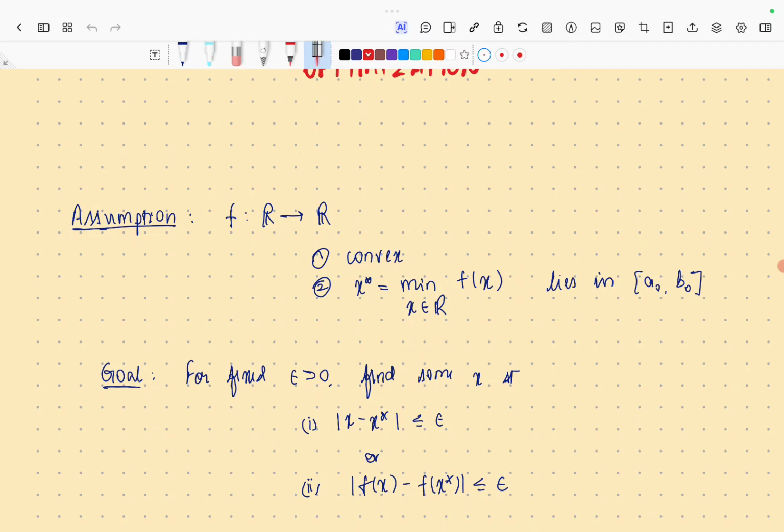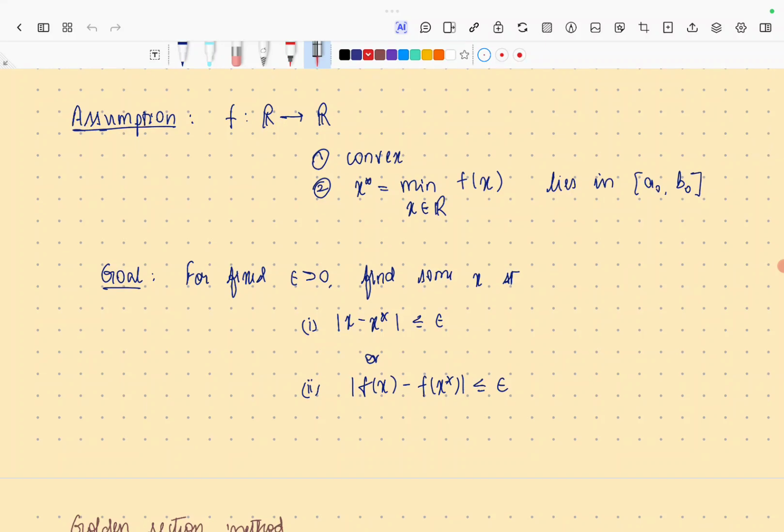If the minimum can be any point in Rn, then you can't really guarantee how long it would take for you to find the minimum. So we'll first assume that we have a coarse estimate of where this minimum could lie. All right.